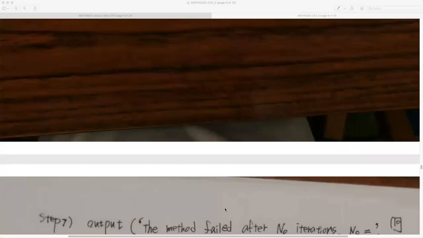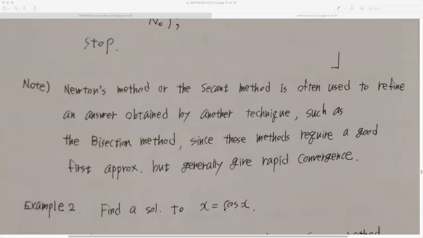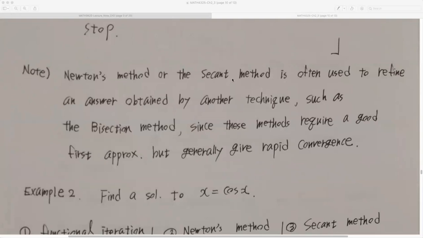Okay. So now, here's a note. Newton's method or secant method is often used to refine an answer obtained by another technique, such as the bisection method, since these methods require a good first approximation, but generally give rapid convergence.